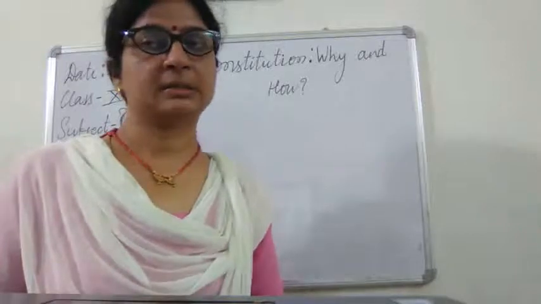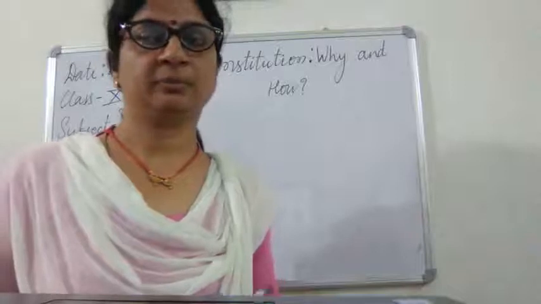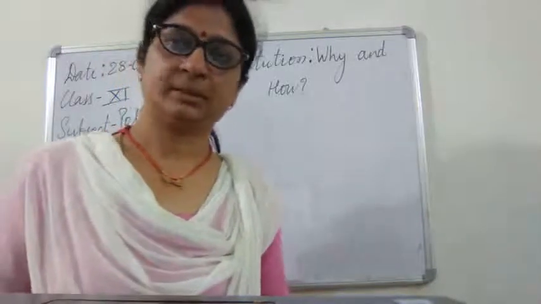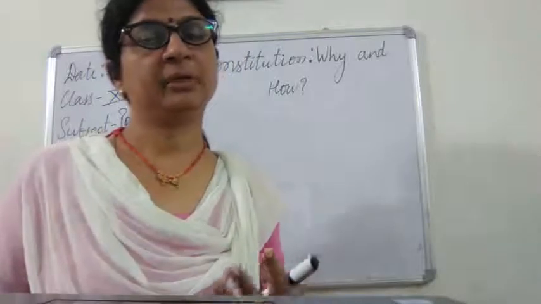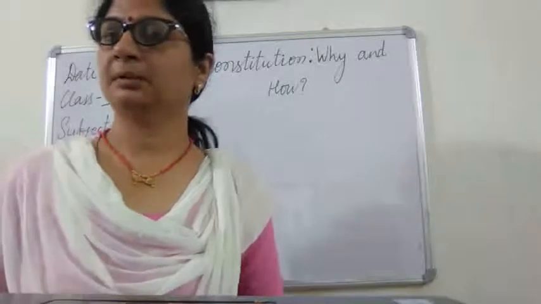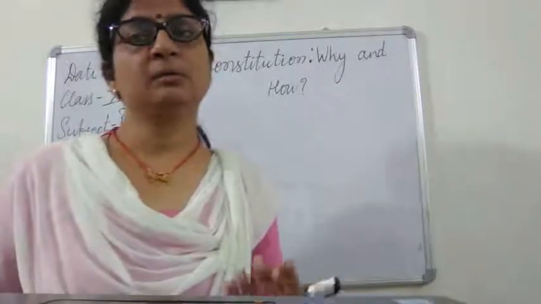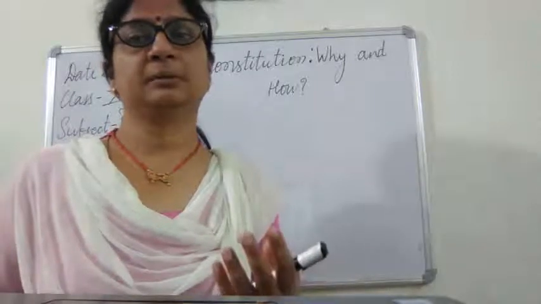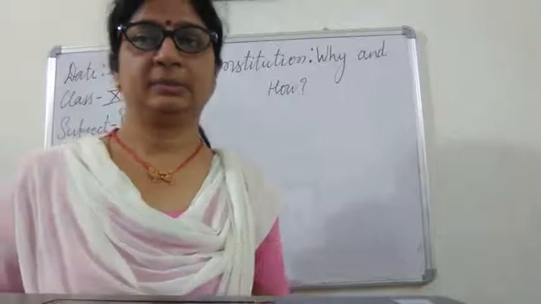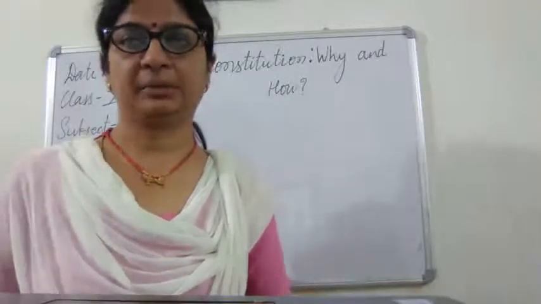As we have discussed, in our society many diverse groups of people live together, and it will be very natural to have conflict among these groups. So there is a need for some basic rules so that people can live together.